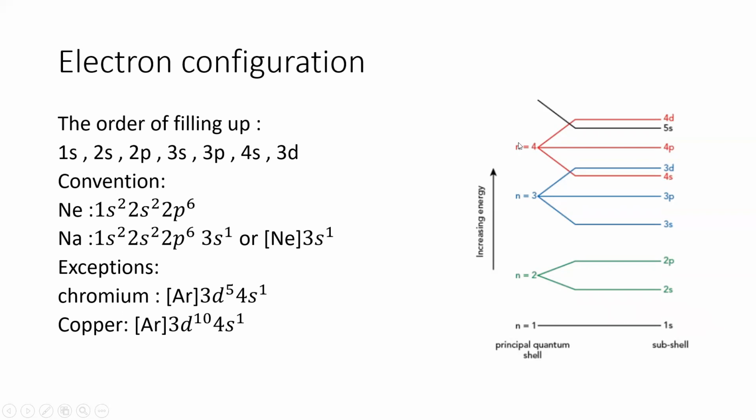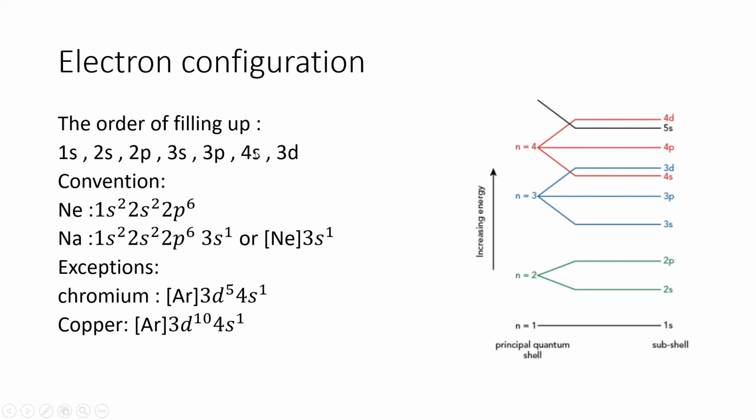So electronic configuration, the order of filling up is 1s, 2s, 2p, 3s, 3p, 4s, and 3d. This chart or this illustration over here depicts the energy level, and we must just take note of this: electrons are always removed from the higher energy level first.